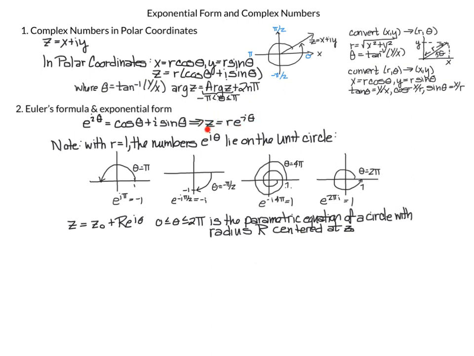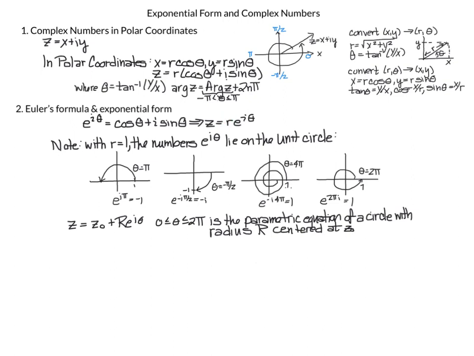So a complex number, not only can we express it as x plus iy, now in terms of polar coordinates, we're going to express our complex numbers in terms of r and theta. In particular, z is equal to r e to the i theta. And this is a very important way of expressing complex numbers that you should become very comfortable with. You'll see it all the way throughout this course. z equals r e to the i theta.